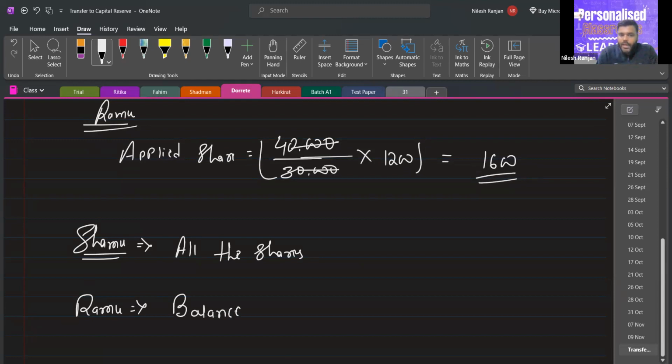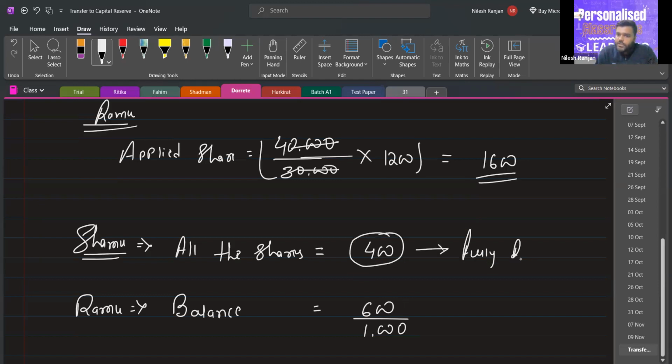So how much balance is there? Because total shares Shamu had is 400 and we have reissued 1,000. So the balance 600 is from Ramu's shares. Is this clear? Total 1,000.